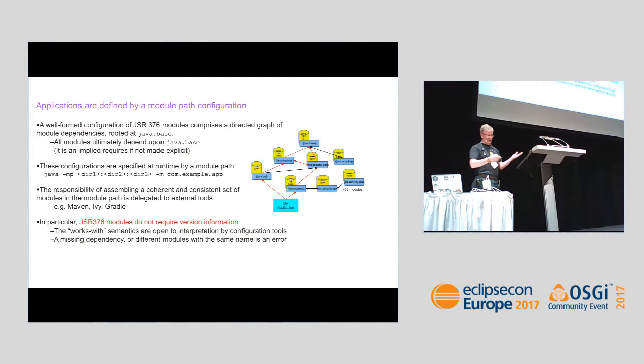The problem down here is they decided that, I don't know why, maybe it was too complicated, they didn't have enough time or whatever, but they're not going to support version information. So when you define your modules, you can say, okay, I have a requirement on library XYZ, but you cannot say XYZ 5.1.